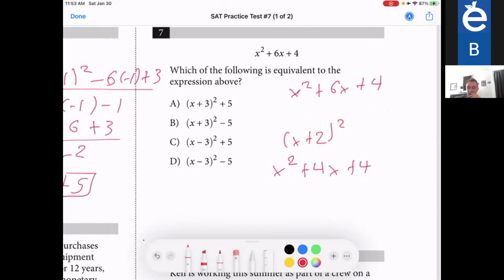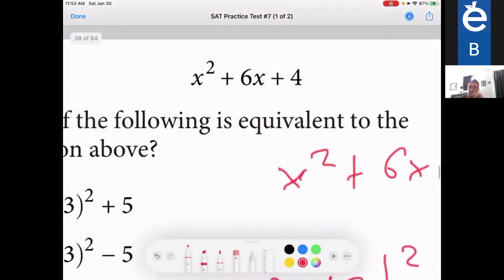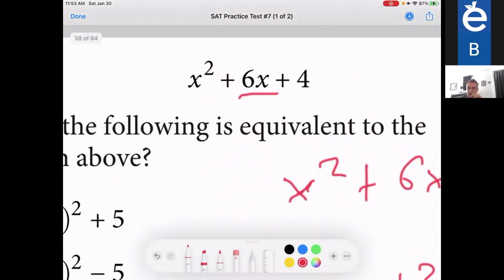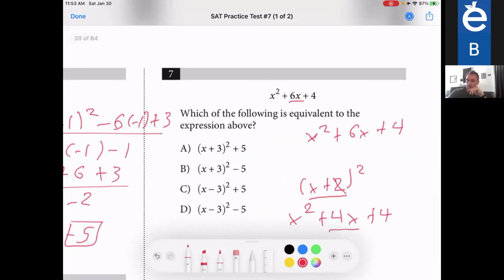So I doubled the product of these 2 inner terms to get 4x. If I think about what that number is here, it's 6x. So if I take half of that, remove the x from it, it's 3. That's that second number here. In our one, it's not 2 that we want, but it's 3.